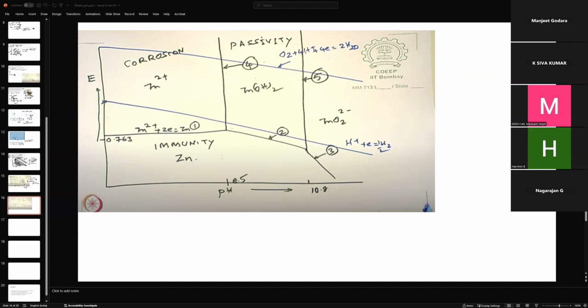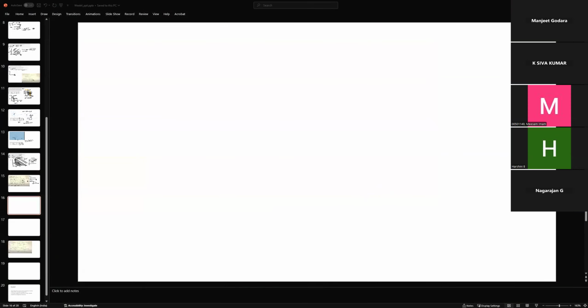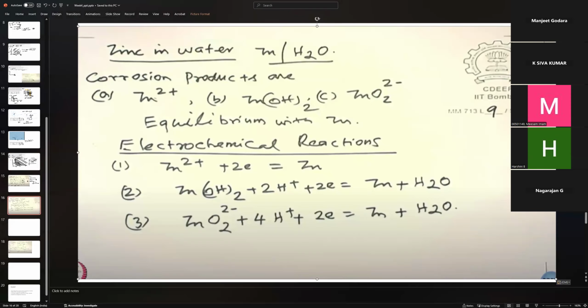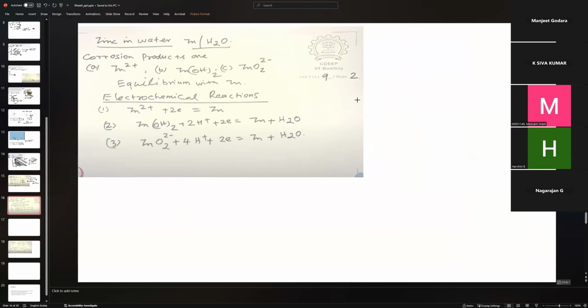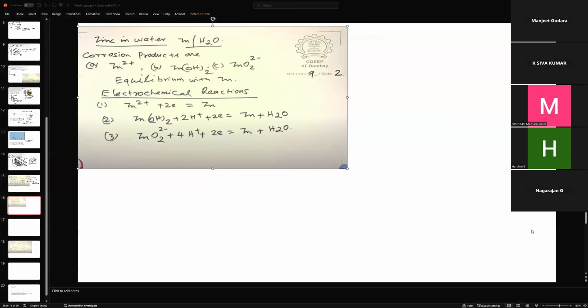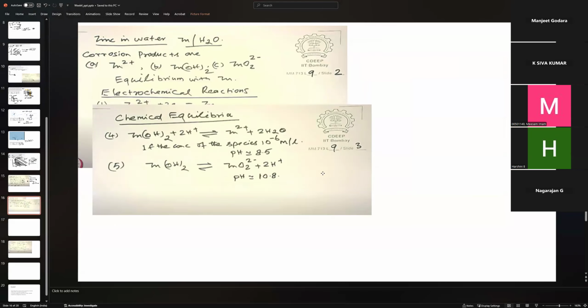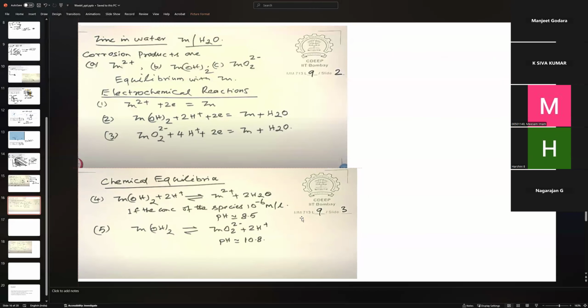Okay, we have to hide this. What happens in zinc? What are the possible electrochemical reactions which can take place in the zinc system? These were the five reactions.